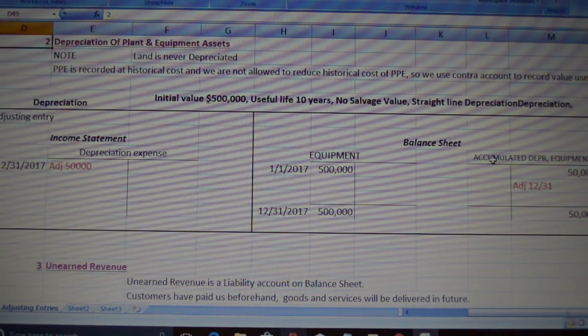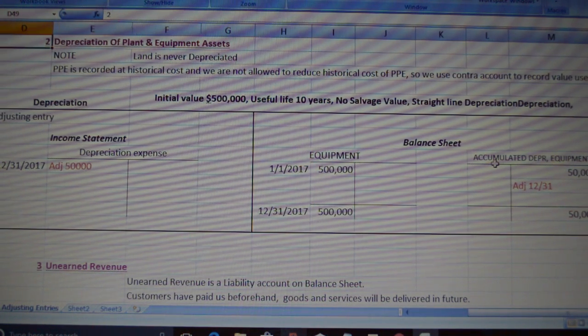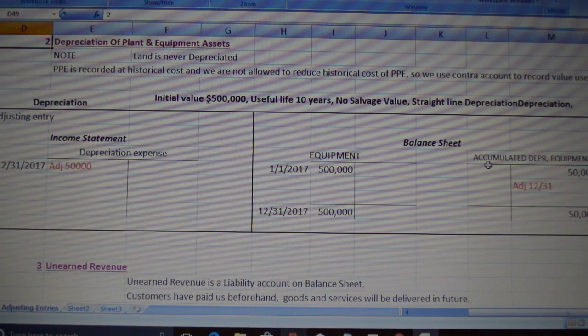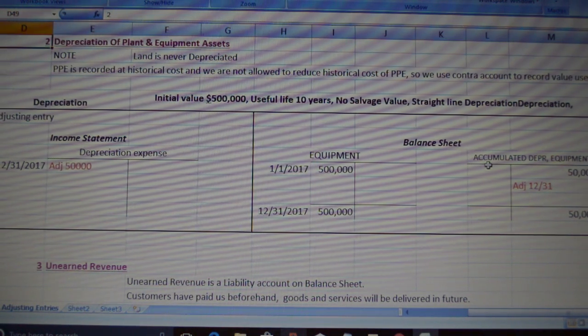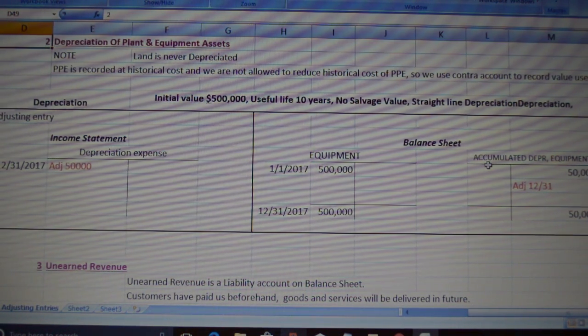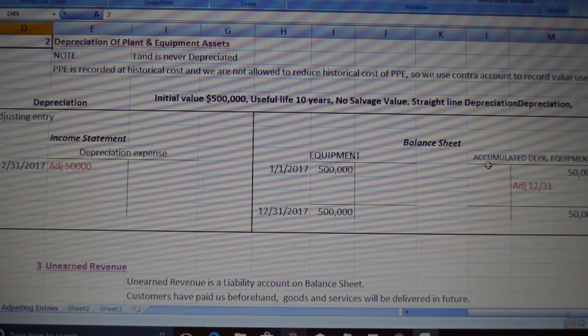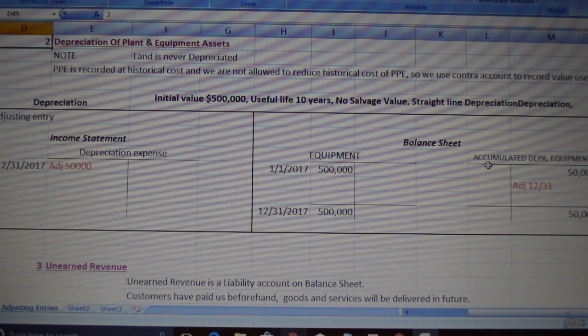For that, we use the contra account, called accumulated depreciation, in which all the depreciation that we do to this equipment during the years of life will be accumulated. Now let's say this is the first year and on December 31 we will depreciate the equipment.